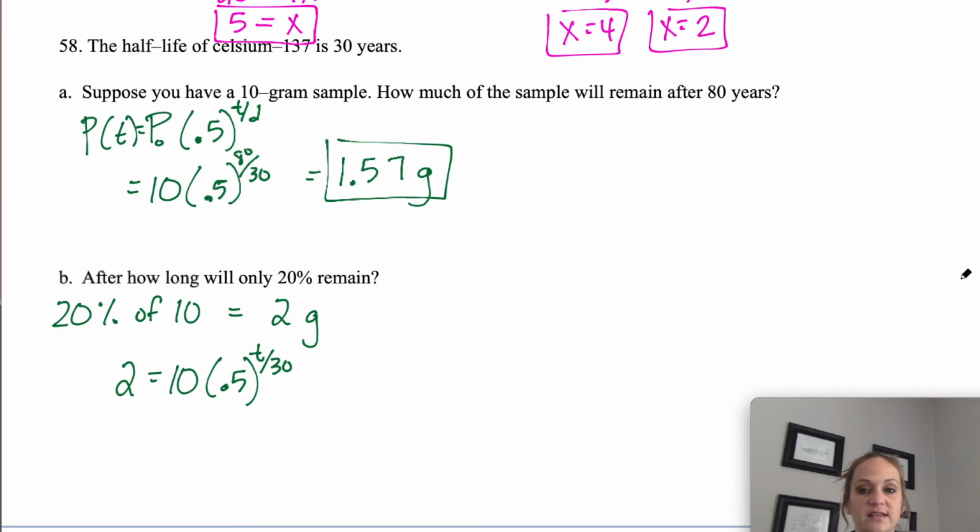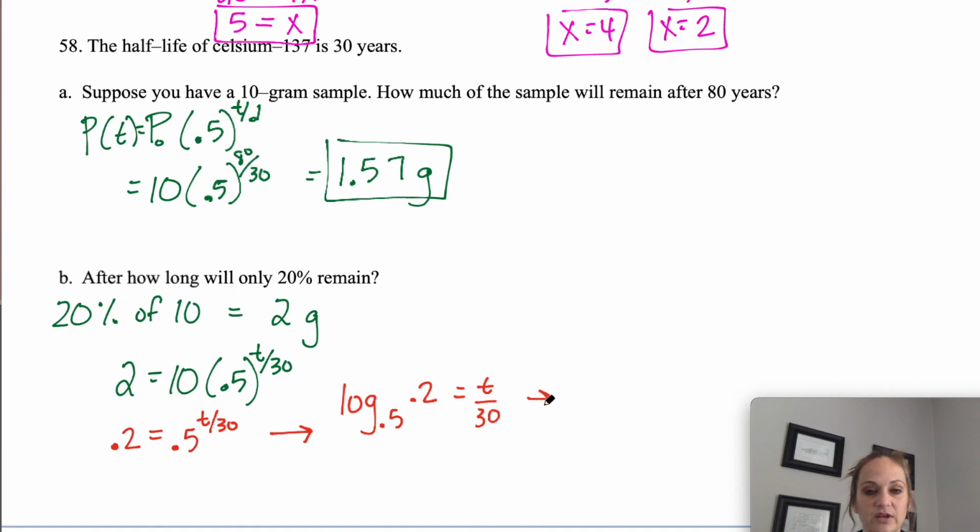So to solve for this, we're going to divide by 10. So 2 divided by 10 is going to be 1/5 or 0.2. And that's going to give me 0.5 raised to the t over 30. So I need to rewrite this as a log. So it's going to be log of 0.5 raised to the t over 30 equals 0.2.